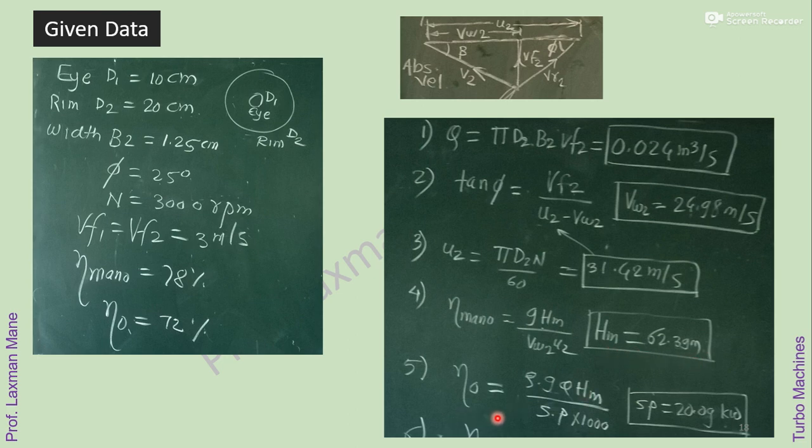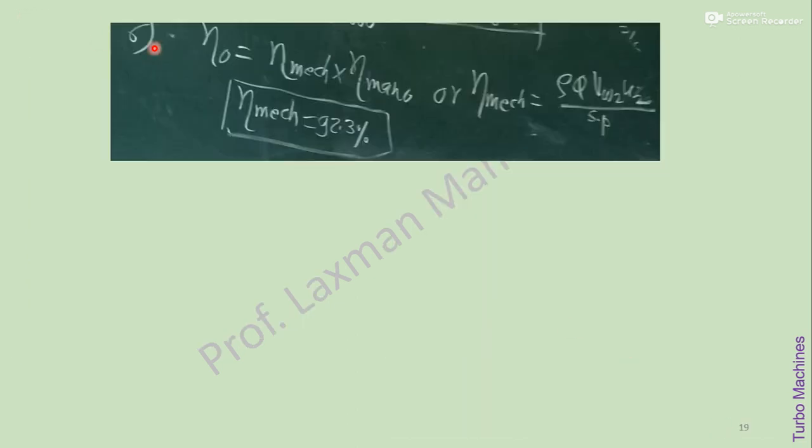Now overall efficiency is what? Rho g Q H divided by shaft power. Now here it is multiplied by 1000 because the answer is directly obtained in kilowatt. Then using the relation overall efficiency is equal to mechanical into manometric, you can find mechanical efficiency.